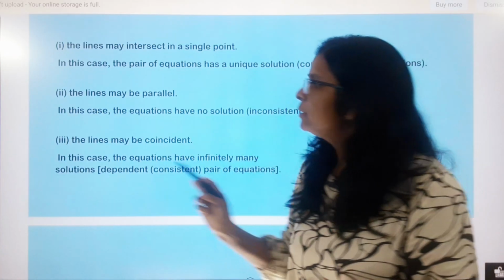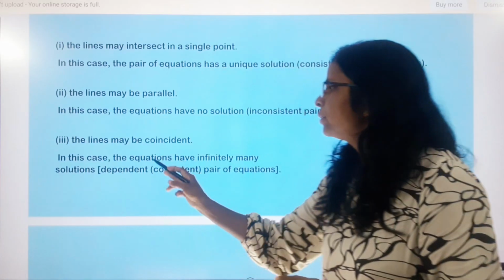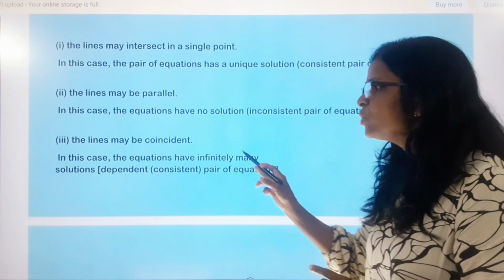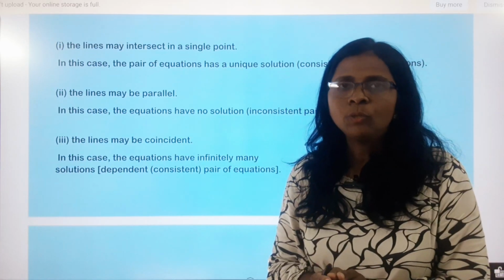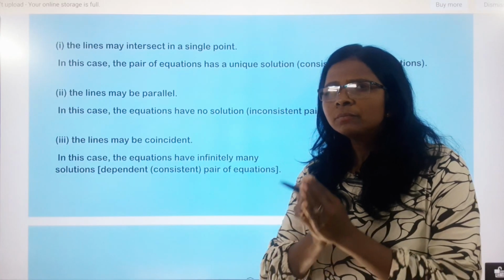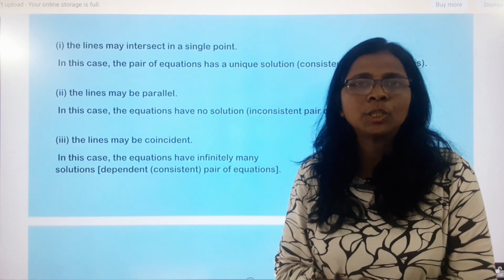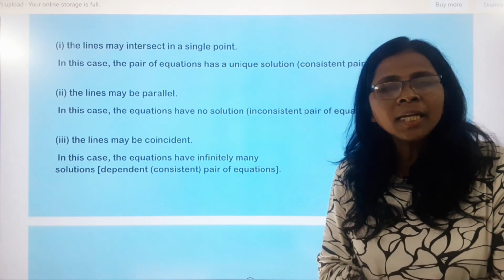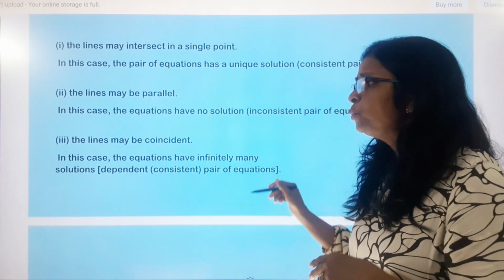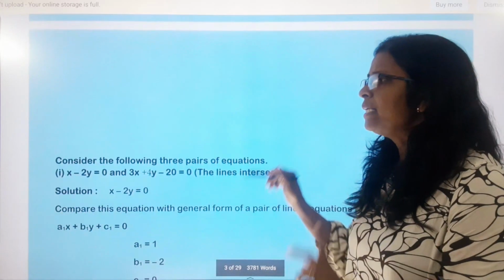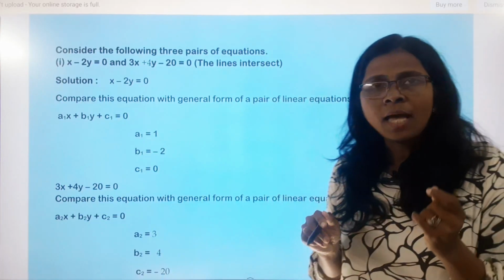And the third condition, the lines may be coincident. So in this case, the equations have infinitely many solutions and it is a consistent pair of equations. So this way we see the three cases for the representation of a pair of linear equations in two variables. Now, if you want to clear out these points, we have to take some examples.